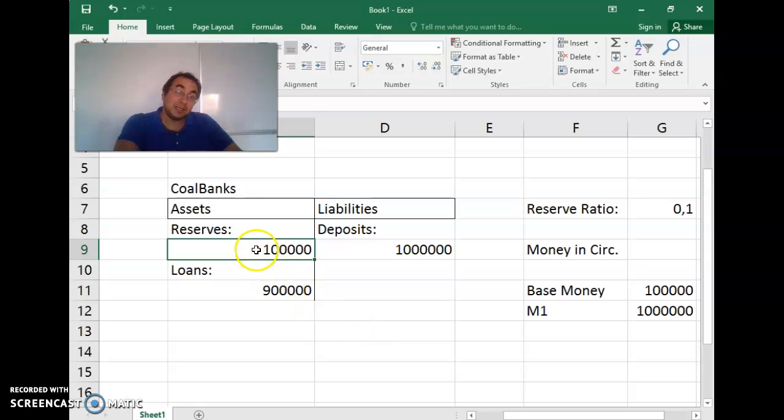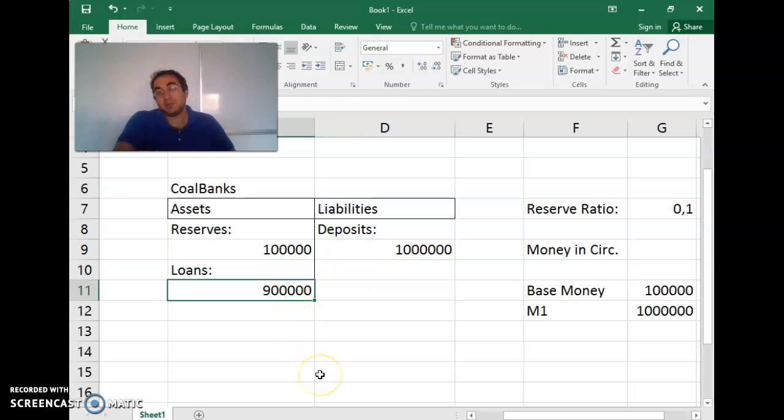But in this case, since the deposits are 1 million, the loans will be 900,000, which means certain people in the economic system, among the overall population and companies, owe the bank $900,000. This is not money. This cannot act as money. This is just the money people need to pay back to the bank after a certain period.